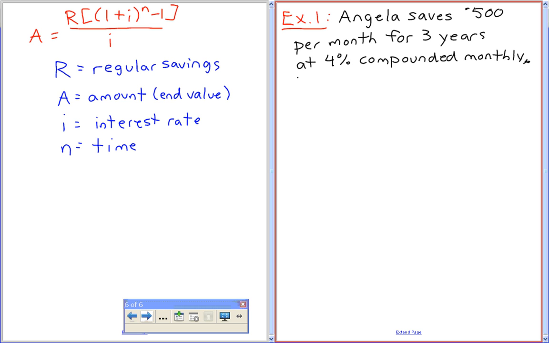How much will she have? Okay, Angela saves $500 per month for 3 years at 4% compounded monthly. How much will she have?